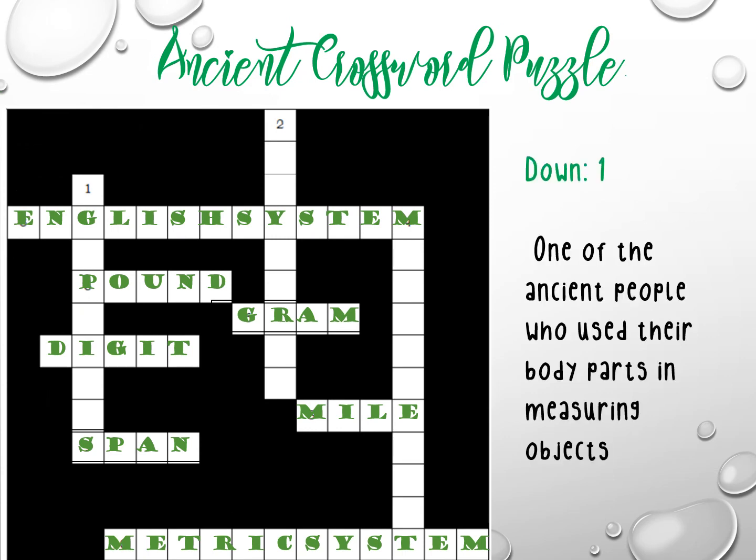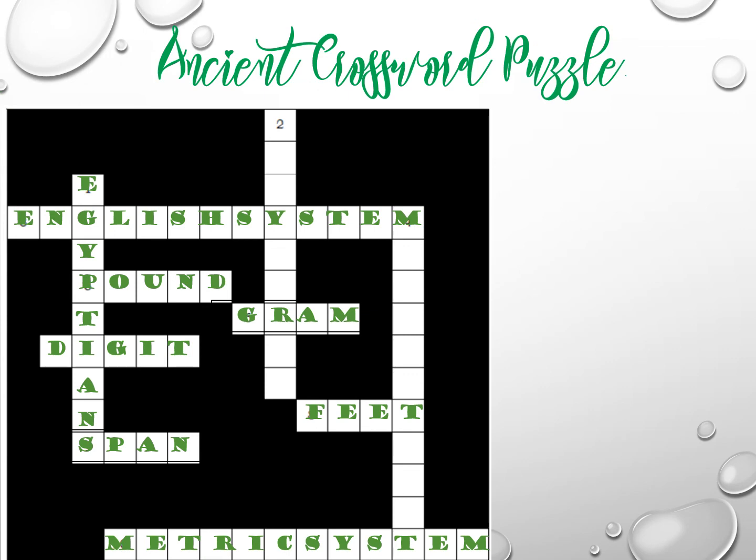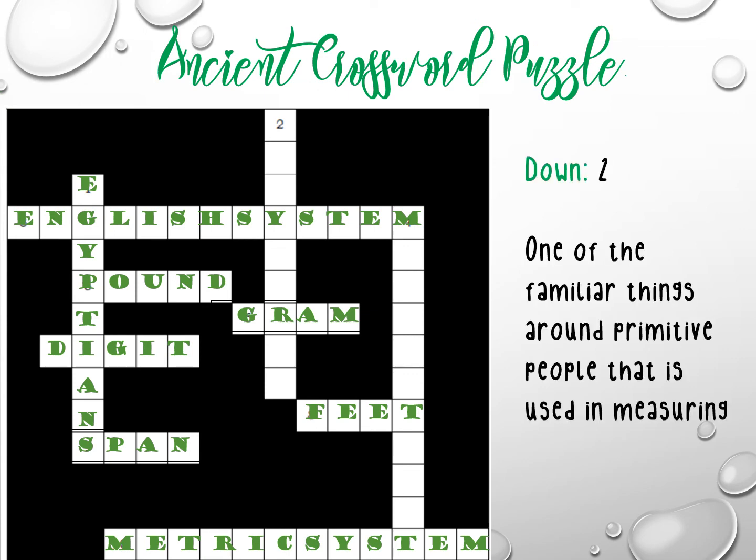Next one, down 1. One of the ancient people who used their body parts in measuring objects. Yes, the answer is Egyptians. Next one, second to the last, down 2. One of the familiar things around primitive people that is used in measuring.